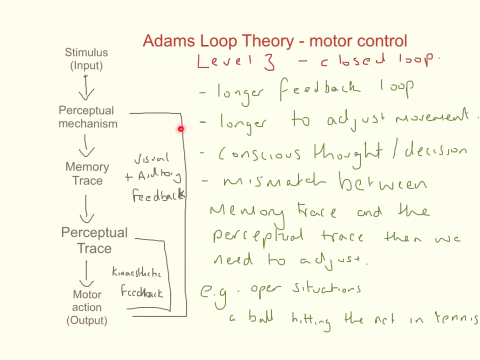They use their visual feedback and their perceptual mechanism then makes sense of the ball hitting the net, which means they then need to come up with a new motor program. Okay, so the perceptual trace has to compare all of that information. So what's gone on to the memory trace. Now obviously there's going to be a mismatch, so they have to change the motor program or produce a new motor program from the memory trace.